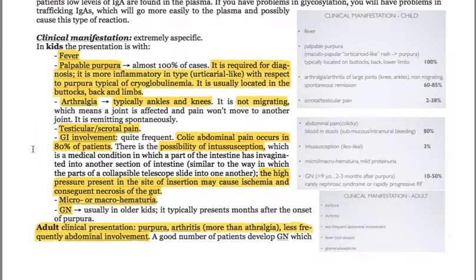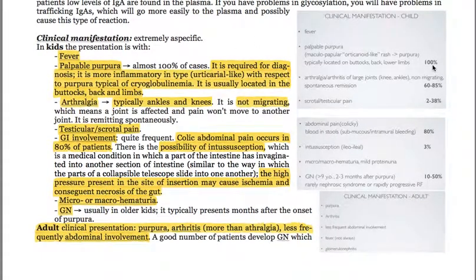So here we see palpable purpura in 100% of cases. Arthralgia or arthritis, non-migrating, with spontaneous remission in 80% of cases. This is in the child. And scrotal testicular pain in 38% of cases.